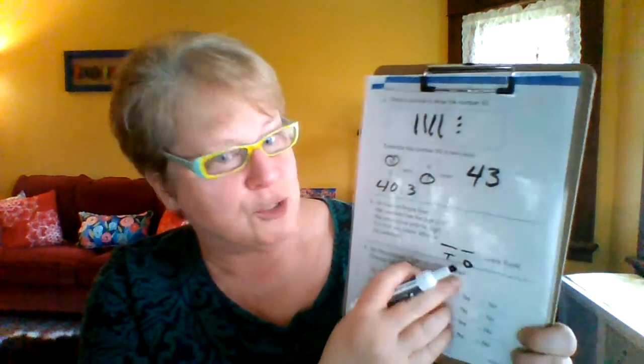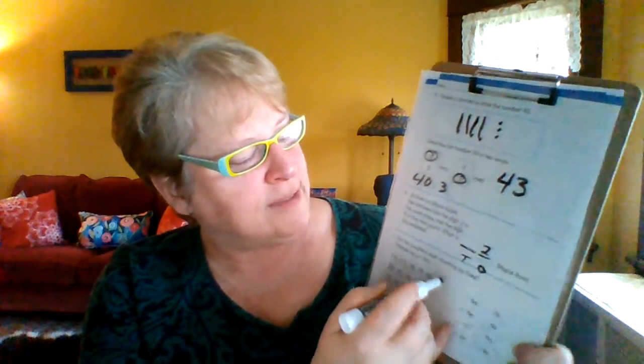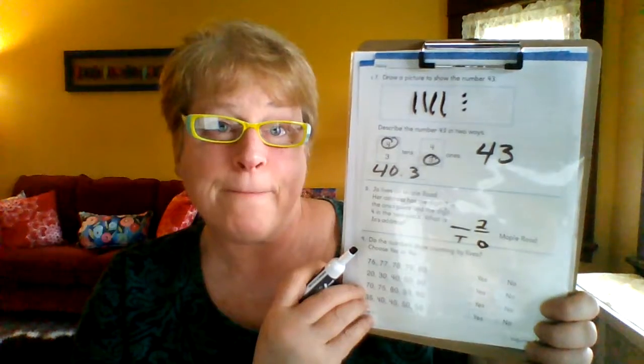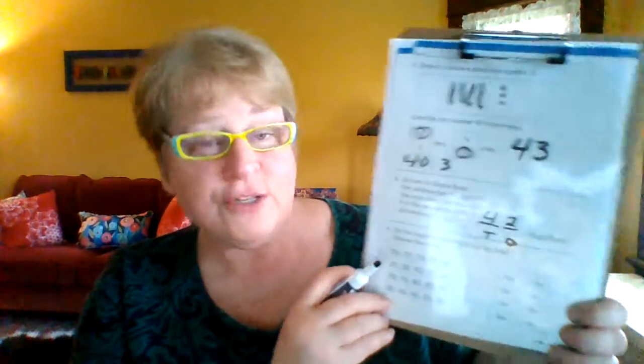So if her address has 2 in the ones place, where would we write the 2? Right above the O for ones. And then a 4 in the tens place. Where will we write that? So she lives at 42 Maple Road.